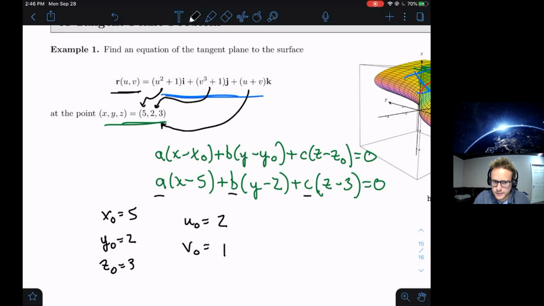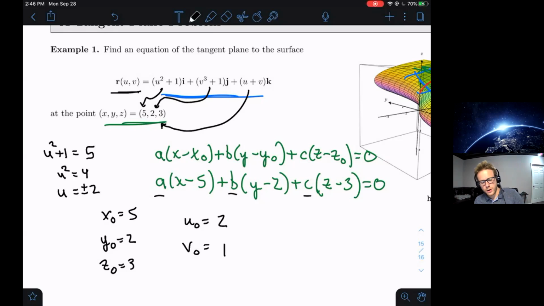So I agree with this, but when you first set this up, the way that you would go about this, doing some algebra, is that you would set your first coordinate, U squared plus 1, equal to 5. And so the first time through when you solve this, you get U squared is equal to 4. So U could be either plus or minus 2. So somehow you had to decide that 2 was the right answer and not negative 2.